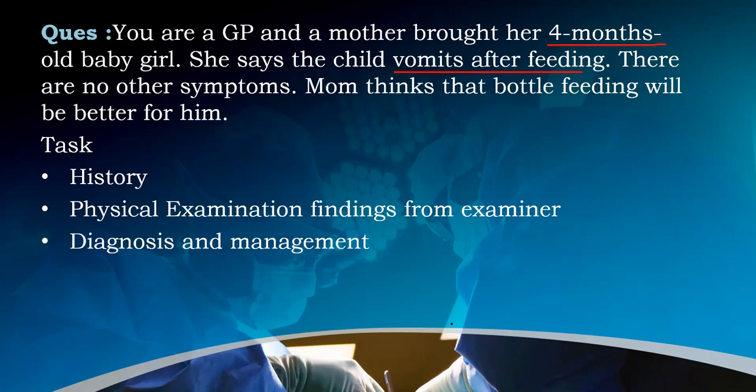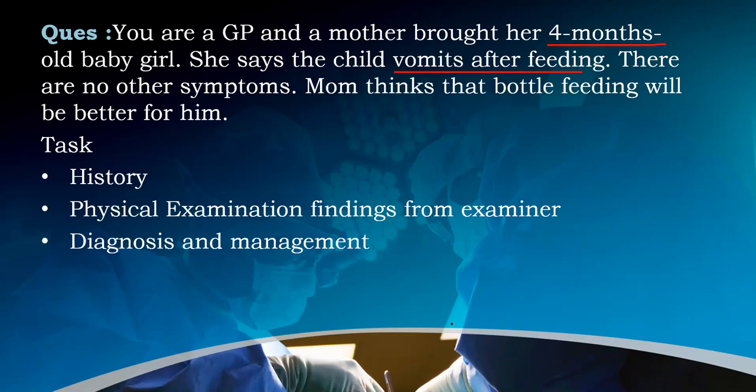Just because it's forceful, it doesn't mean it's always pyloric stenosis. The child will grow as a normal child. That's the main point to differentiate it from pyloric stenosis, that the child will have normal growth. So the child's body weight is fine, growth and development fine, just vomiting after feeding, that's gastroesophageal reflux.